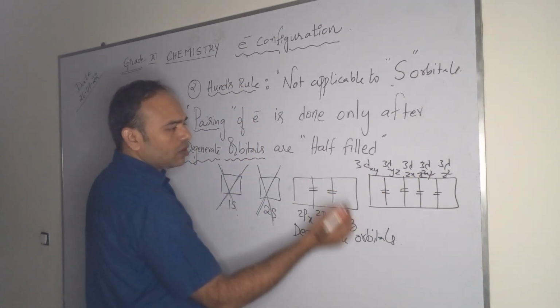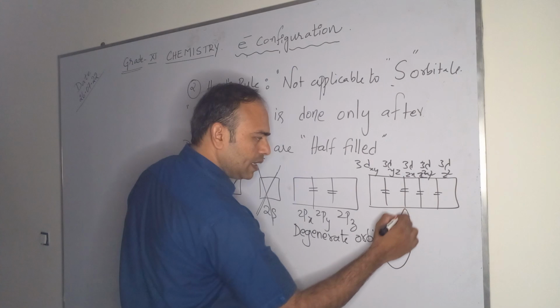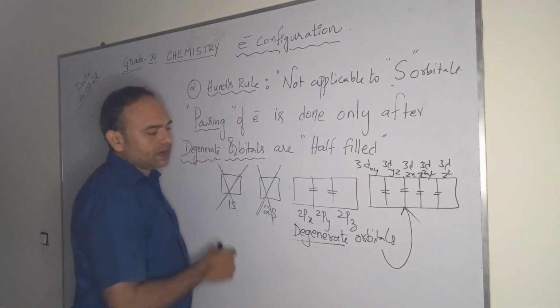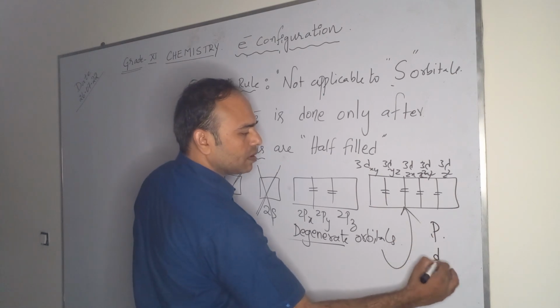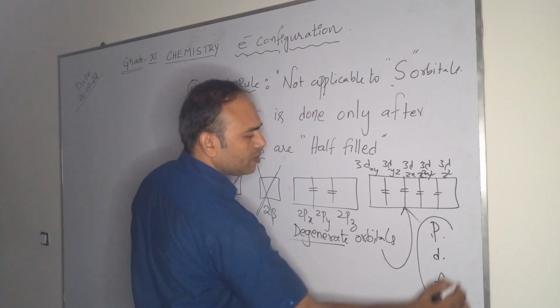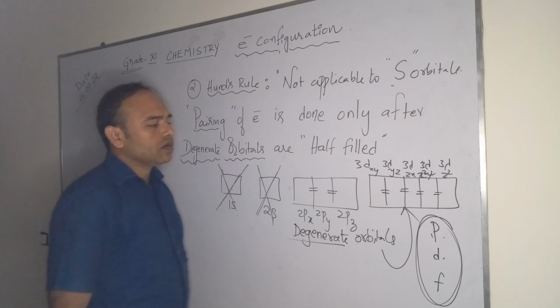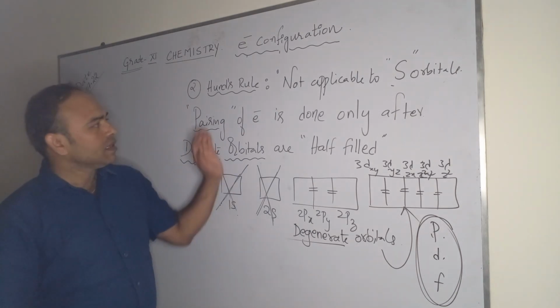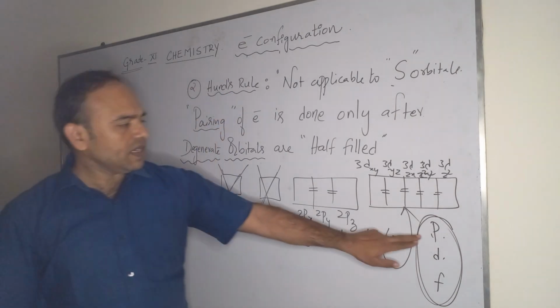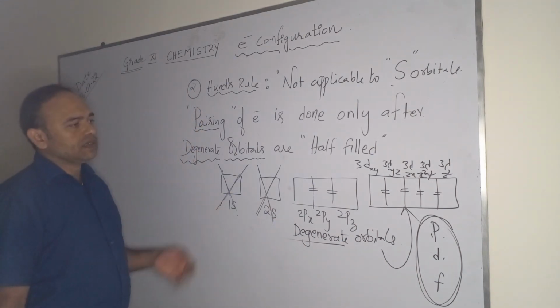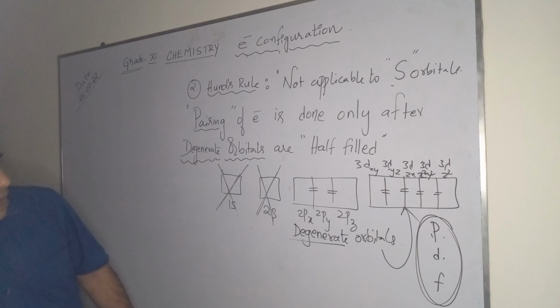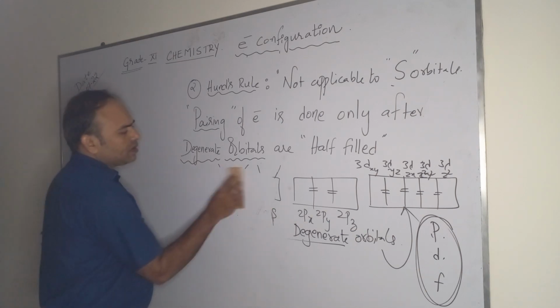Hence, we can also call d orbitals degenerate. So we can say p orbitals, d orbitals, and f orbitals can be called degenerate, and this rule is applicable only for p, d, and f. It cannot be applied for s orbitals. Now let us get into the rule by taking an example.